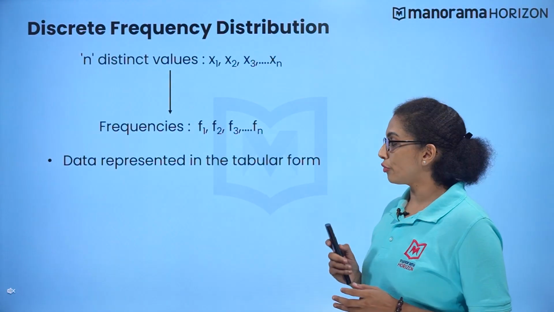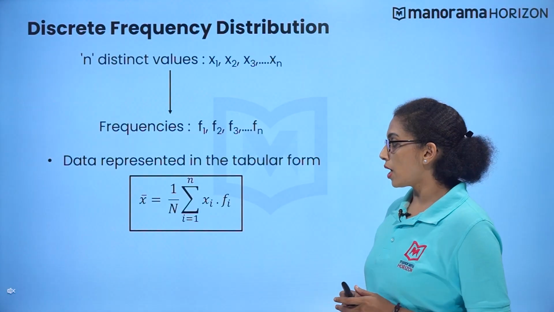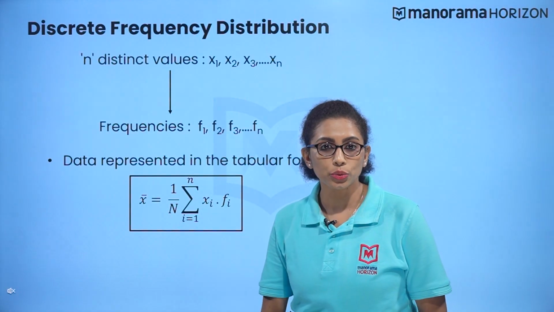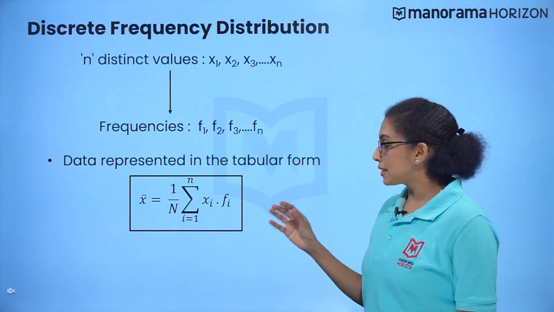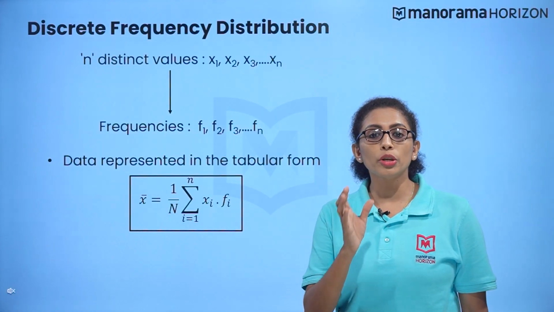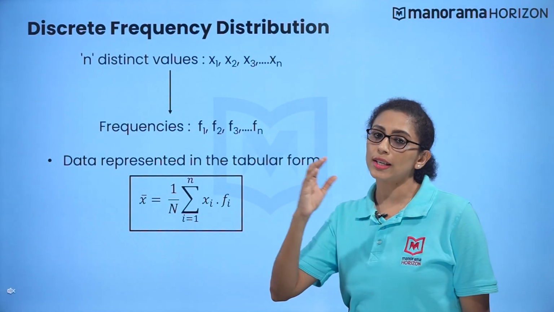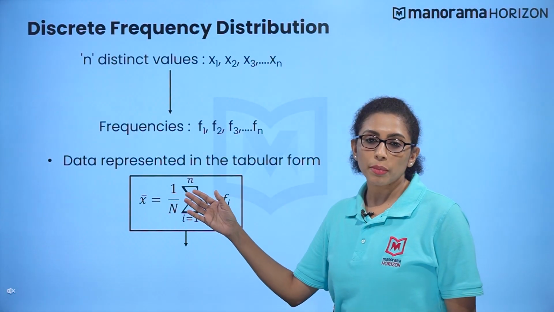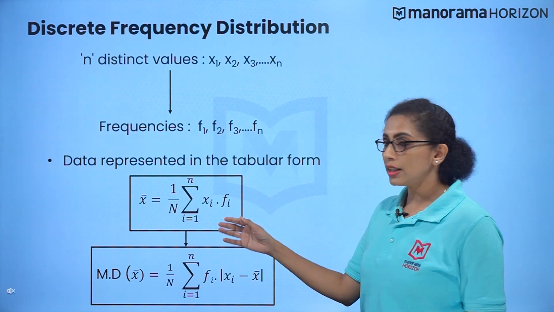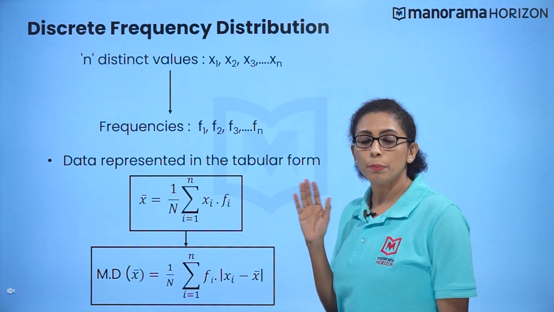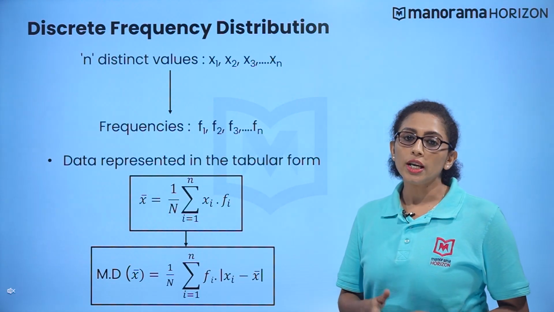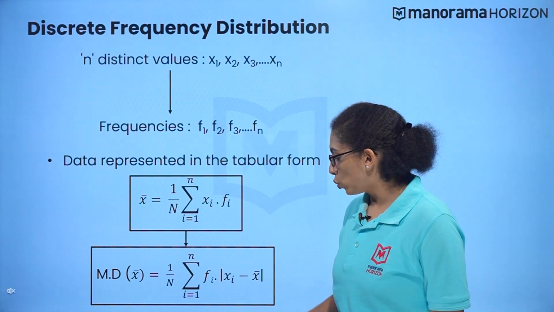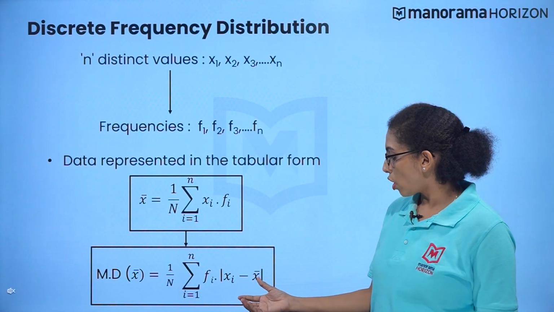The first step is to find the mean using the formula x bar is equal to 1 by n into summation i equal to 1 to n xi into fi, where summation xi into fi is the sum of the products of the observations xi with their respective frequencies, and n is the sum of frequencies, that is summation fi. Next, we need to find the mean deviation about mean, which is the mean of the absolute values of the deviations, and the formula is 1 by n summation i equal to 1 to n fi into modulus of xi minus x bar.